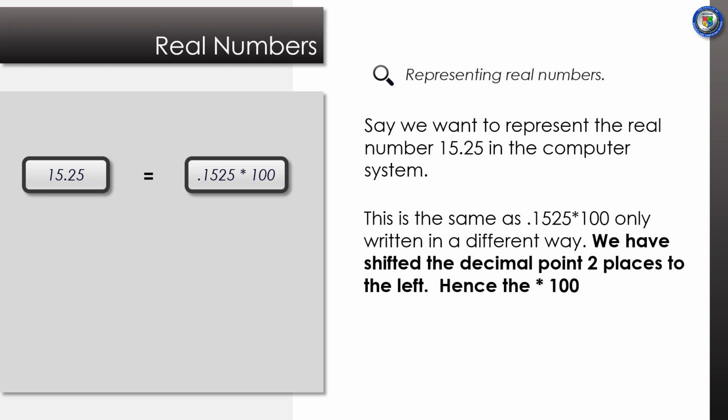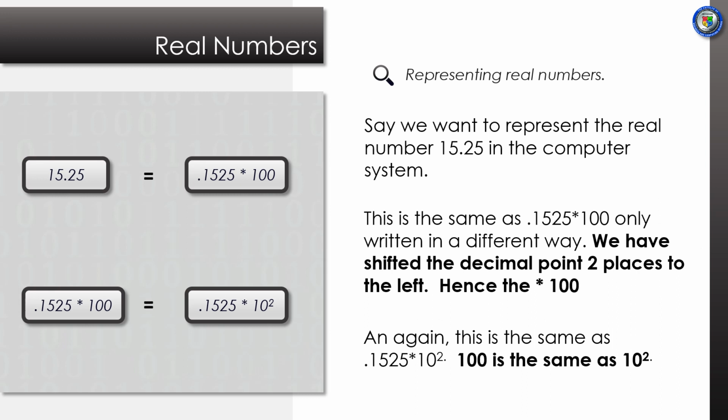We've shifted the decimal point 2 places to the left, hence times the 100. Again, this is the same as 0.1525 times 10 to the 2. 100 is the same as 10 to the power of 2.